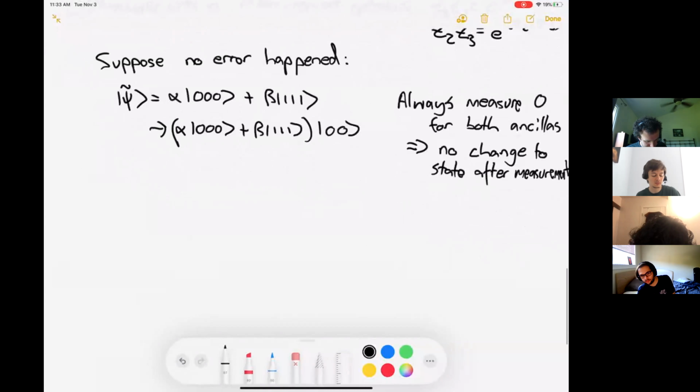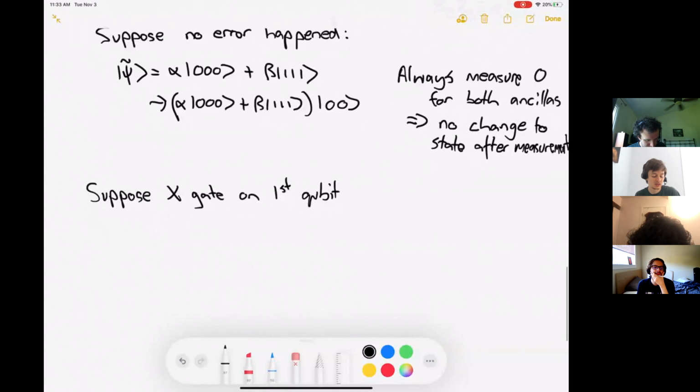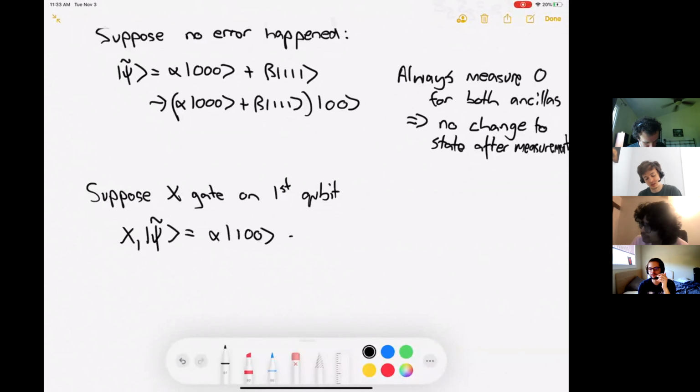Okay, now let's suppose an X gate got applied to the first qubit. So then the state is X acting on the first qubit, psi tilde, which is going to be alpha 1, 0, 0 plus beta 0, 1, 1.